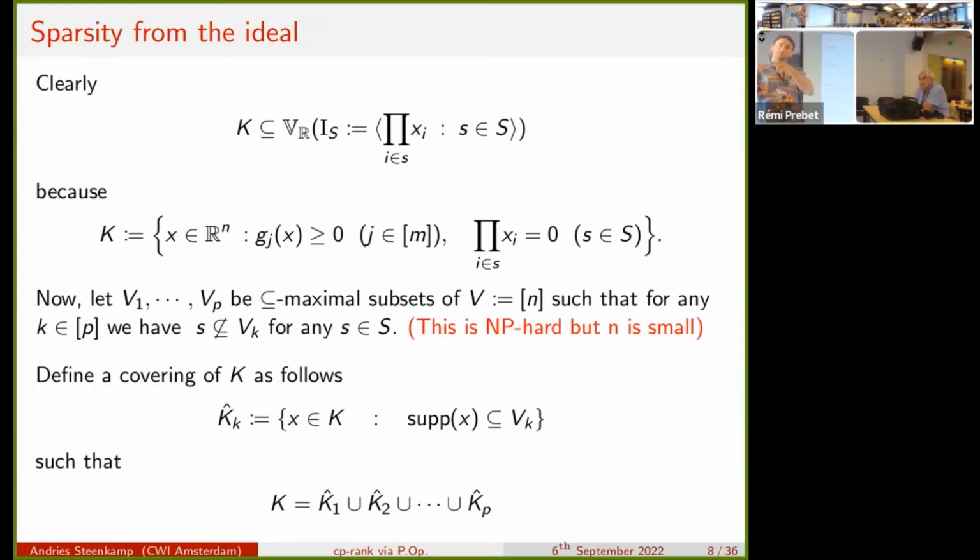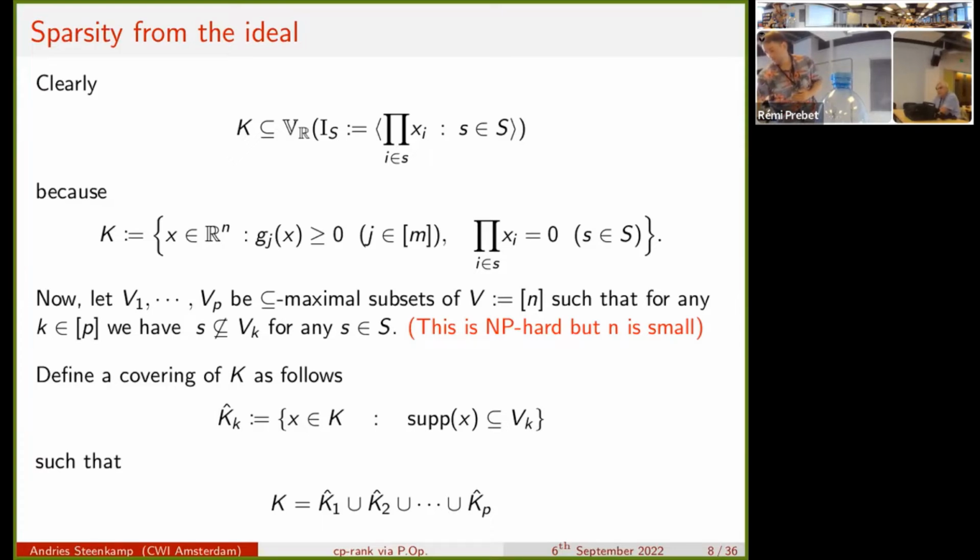So that means one of these variables has to be 0. So your V_k's are going to be {1, 2}, {2, 3}, {1, 3}. So it's basically breaking up the support into lower dimensional supports and then handling it there.